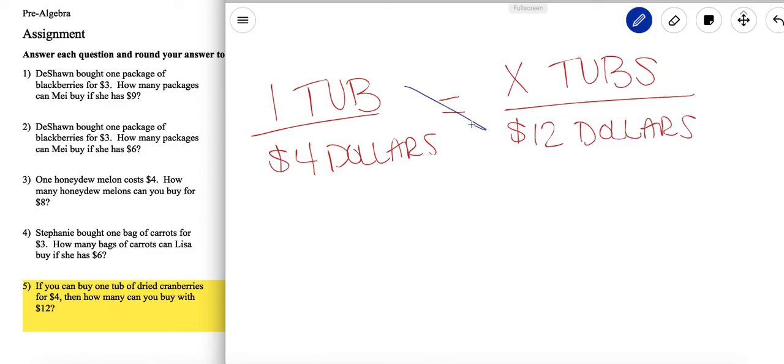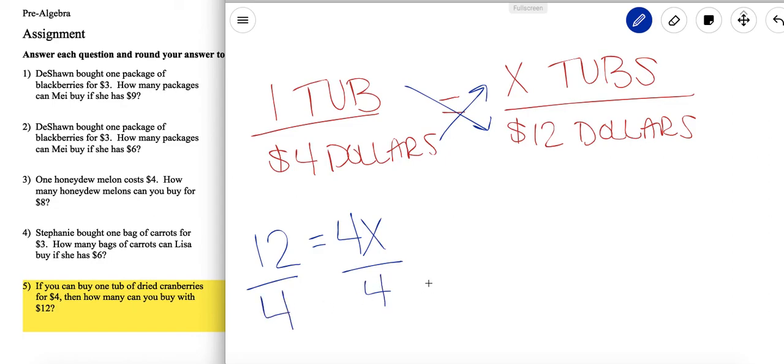Now, let's cross multiply. 1 times 12 gets me 12. 4 times x gets me 4x. And then how do I get the x by itself? We divide by 4. So I get x equals 3.